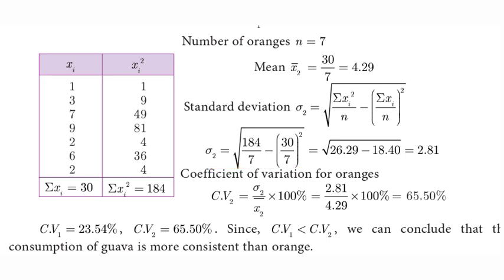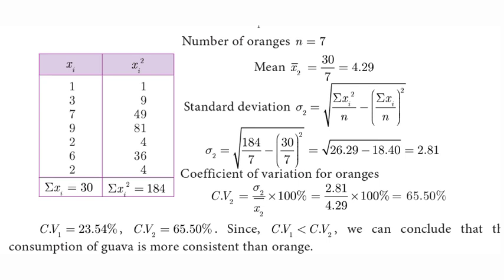Now simplify: 184 divided by 7 equals 26.29, minus 30 divided by 7 squared, which is 18.40. Now simplify: 26.29 minus 18.40 is 7.89. Now taking the square root of 7.89, the answer is 2.81.